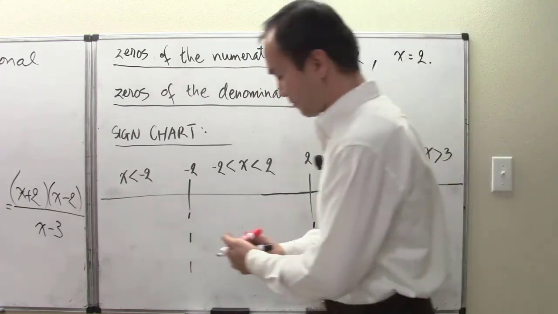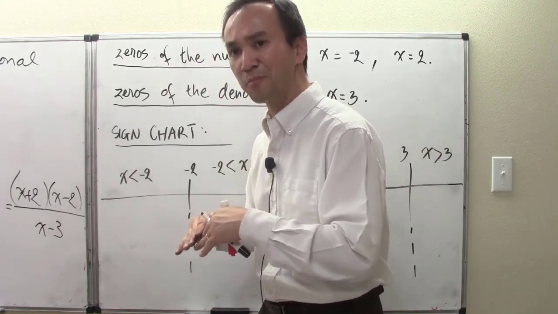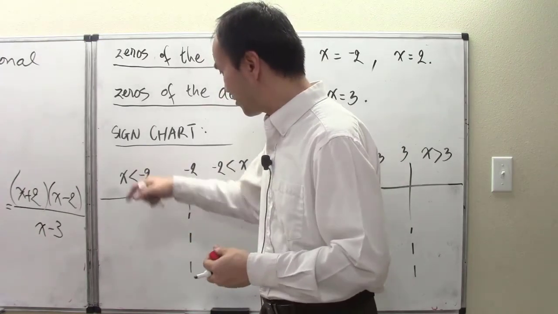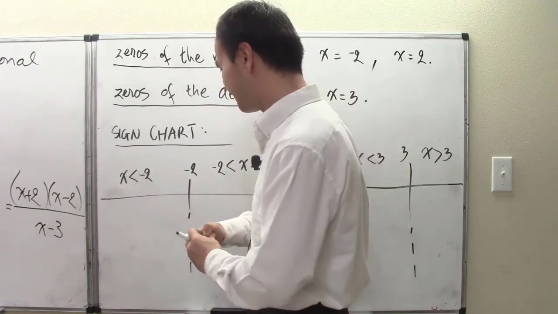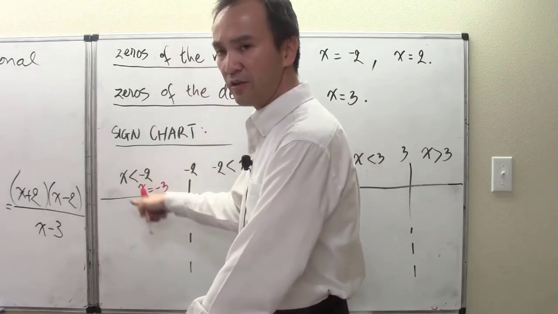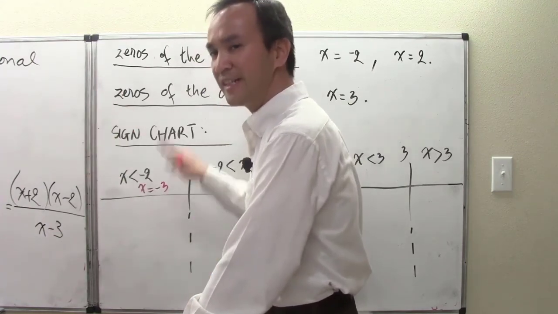Okay, so now I'm gonna pick, and again, you gotta always stay compliant with the domain requirements. So now picking a value less than -2, we can go with x equals -3. Check yourself with this question: is this value compliant with the domain requirements? Yes, it is.